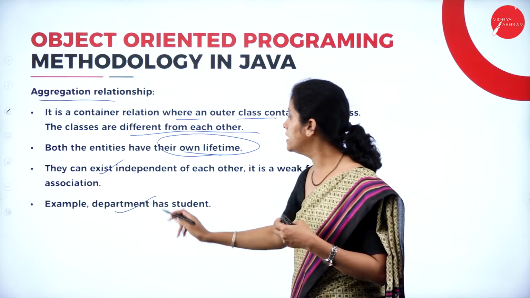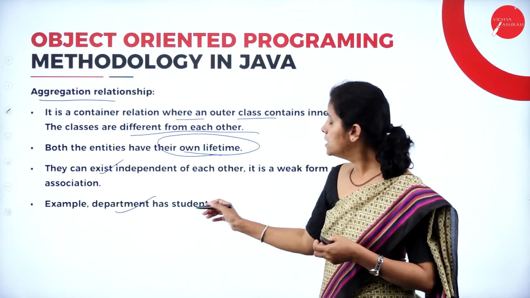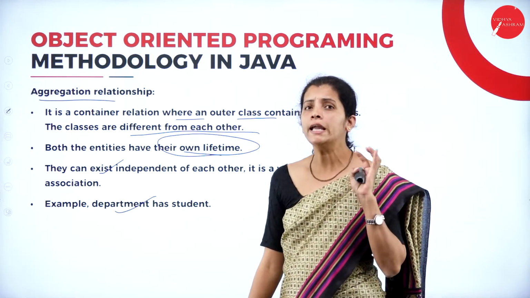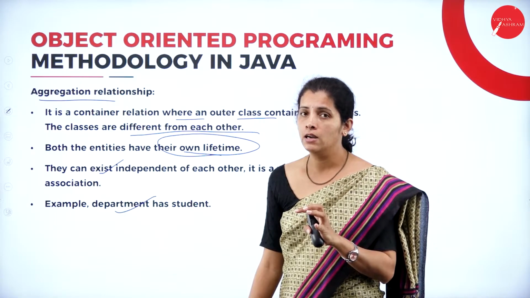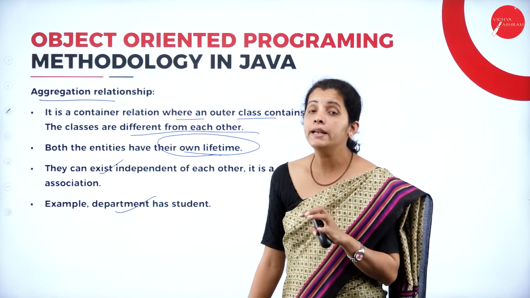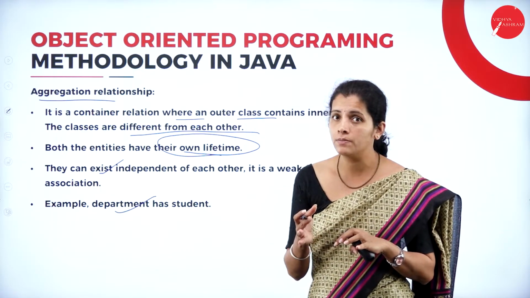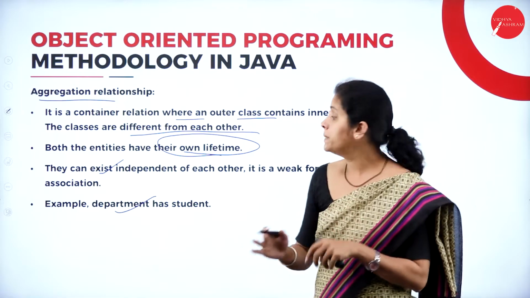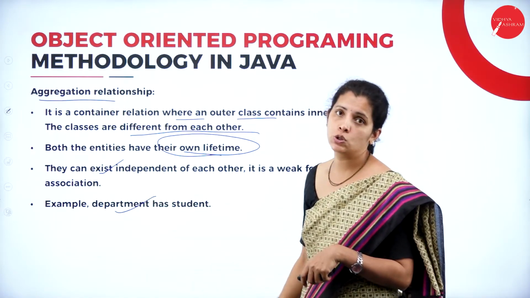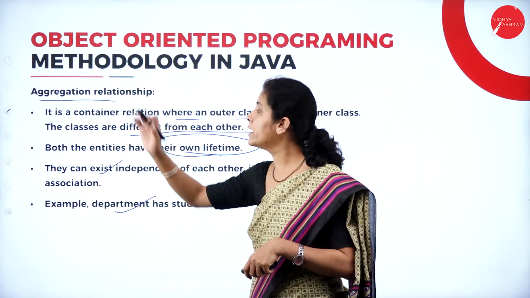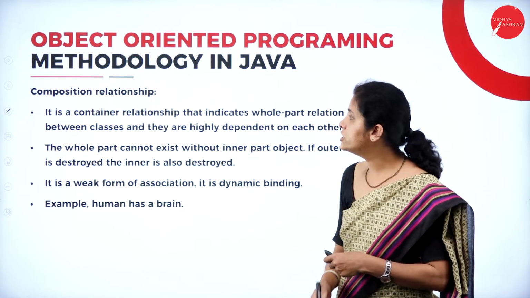For example, department has student. If I consider individual departments, they are independent of each other. That means they do not depend on each other, and each department has its own students. This is the example for aggregation relationship.